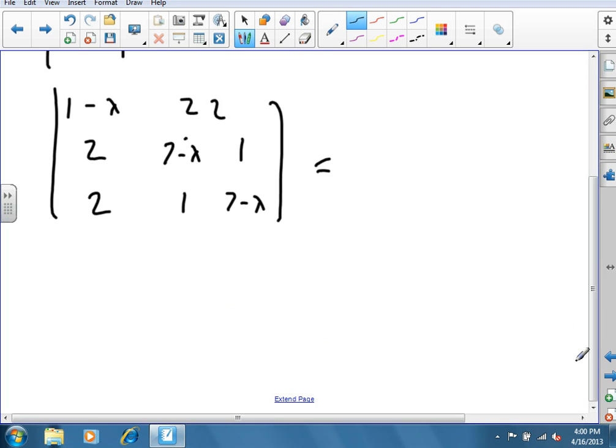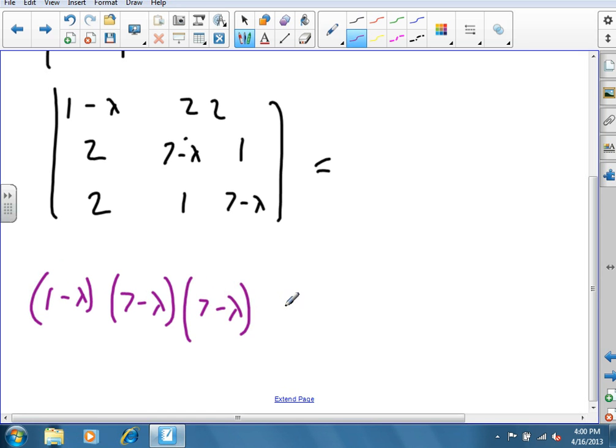Okay, do we know how to do a 3 by 3 determinant? 1 minus lambda, 7 minus lambda, 7 minus lambda, plus 2 times 1 times 2 is 4. 2 times 2 times 1 is 4.